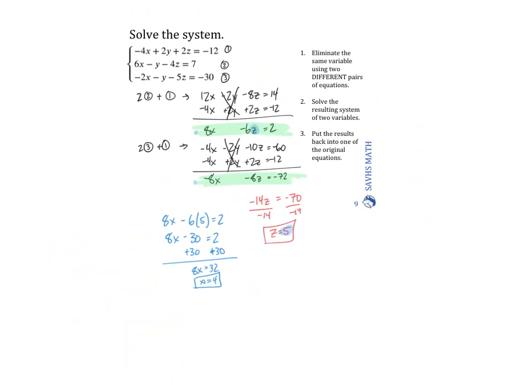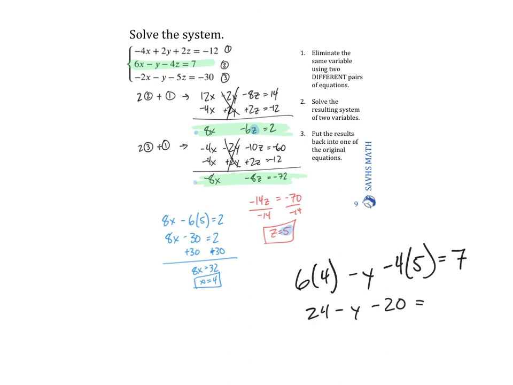So then I have x and z. Let's find out what y is. I'm going to take equation 2 this time just to shake things up because I'm cool. Okay, so x is 4. So 6 times 4 minus y. That's what I need to find out. Minus 4 times 5 is 7. Okay, combine like terms. I get 24 minus y minus 20 equals 7.